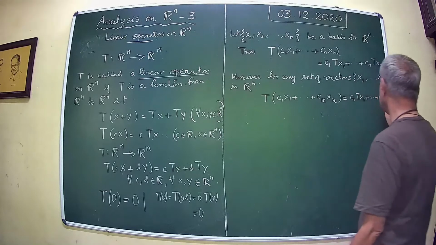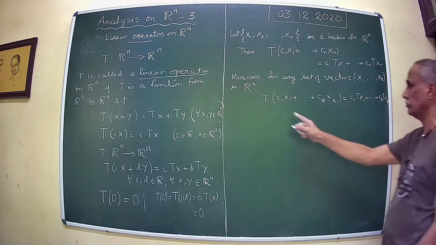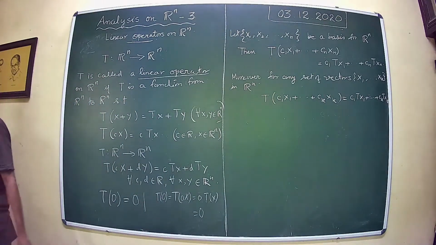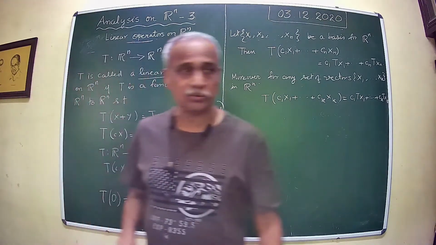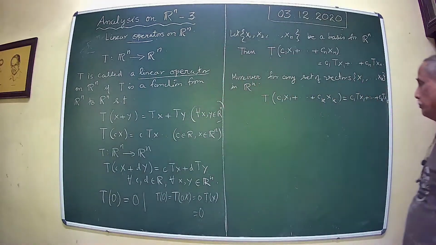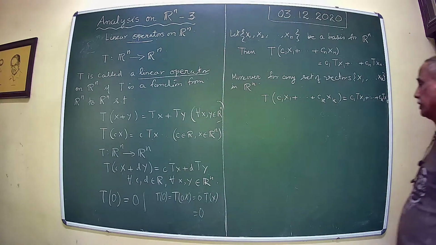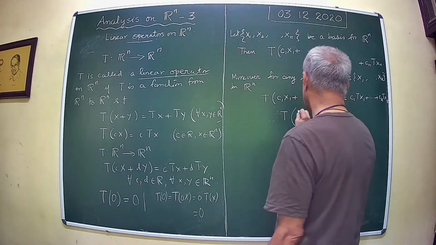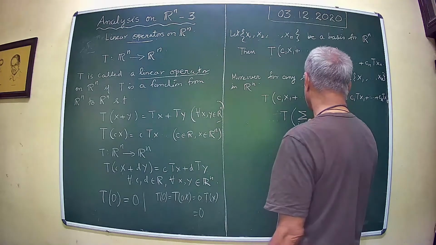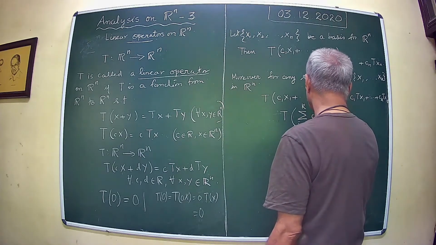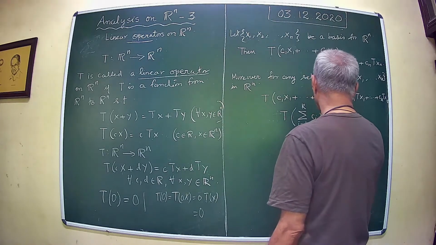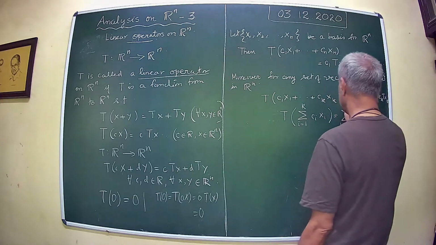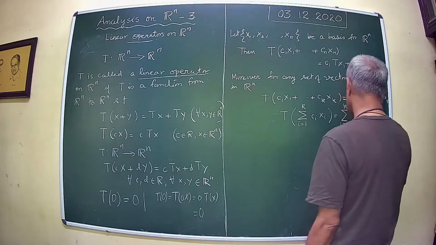So this is generally true for any linear sum. The T operating over a linear sum would just pass on into the sum. Or you can simply write T of the sum, you can interchange the summation.